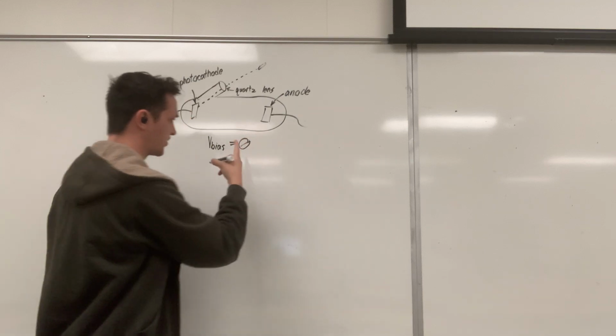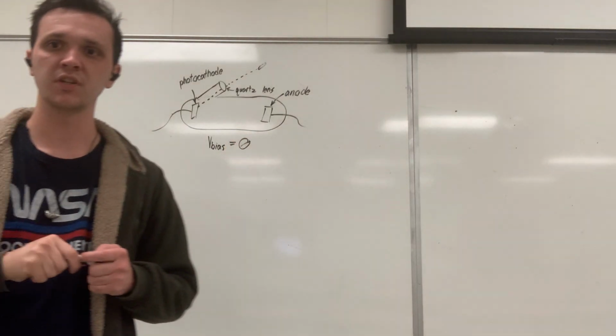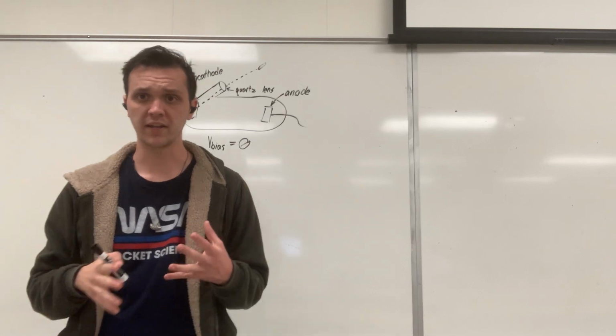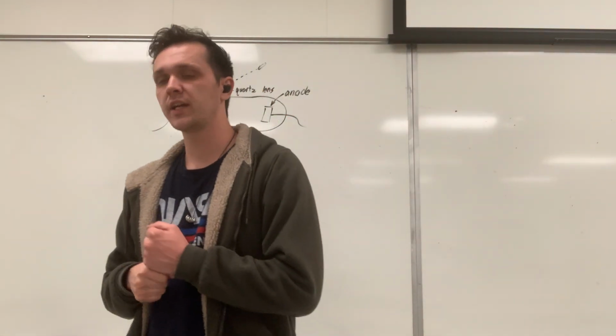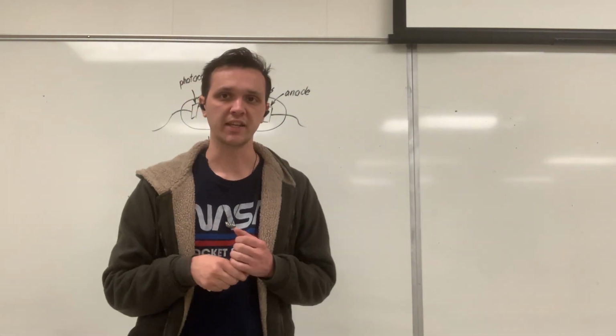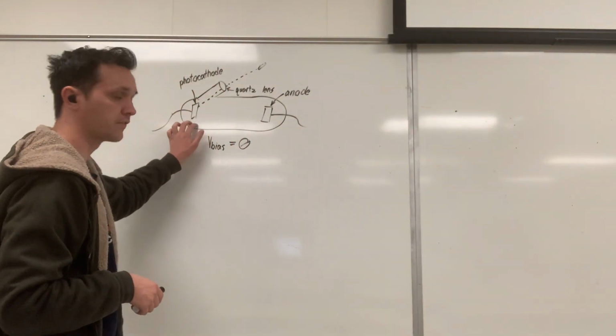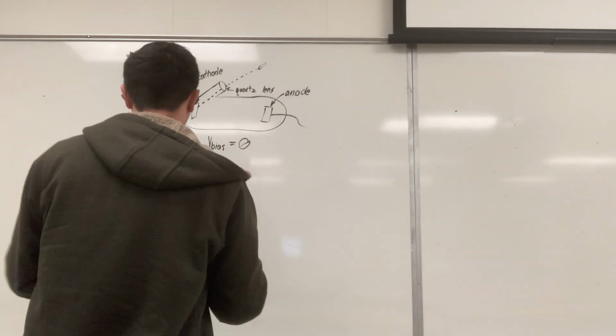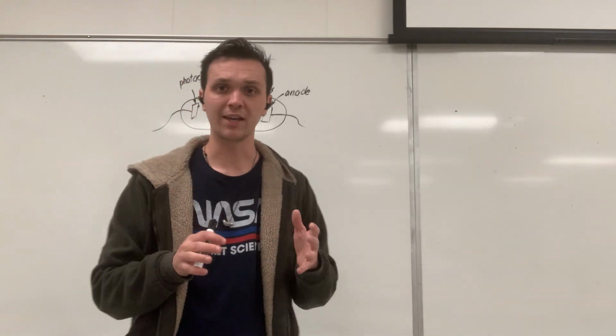And in order to investigate what happens when we have a 0 bias voltage, we have to discuss more microscopically what is going on here in the photocathode plate. In order to do that, I'm going to make a diagram.